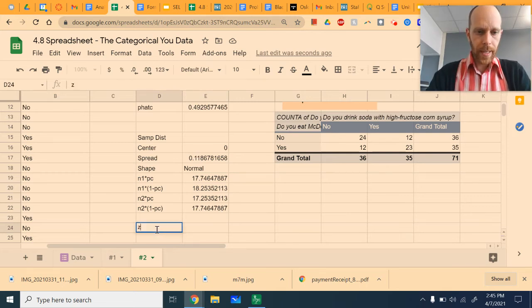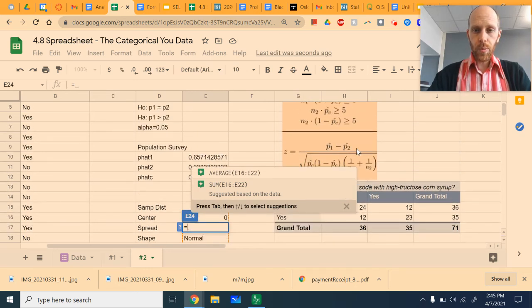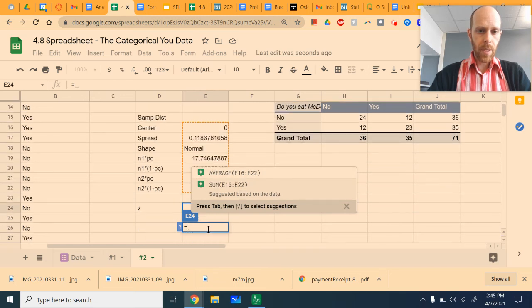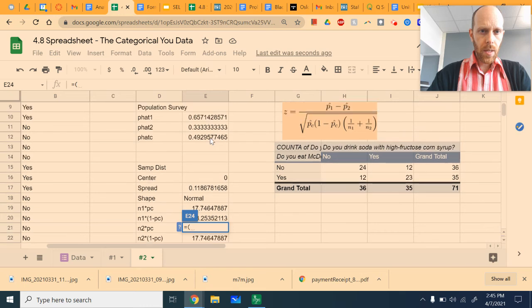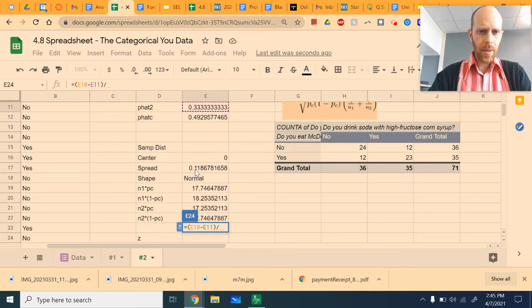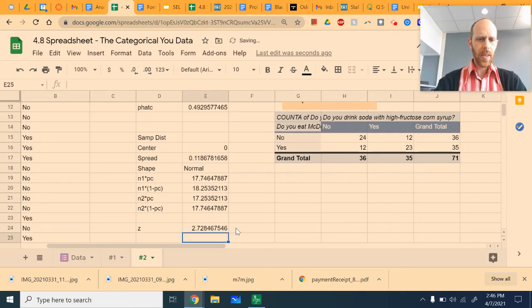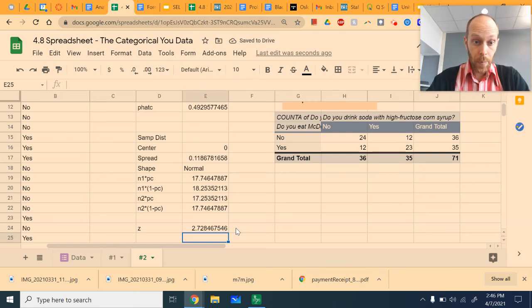Next step is we need our z-score. Right, and recall that our z-score is equal to subtracting the two proportions and then dividing by the standard deviation. So I'm going to get out of the way. P hat 1 minus P hat 2 divided by our spread gives us a z-score of 2.728. That's pretty big, right?